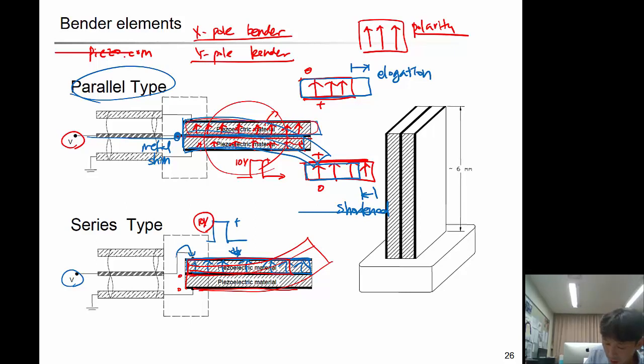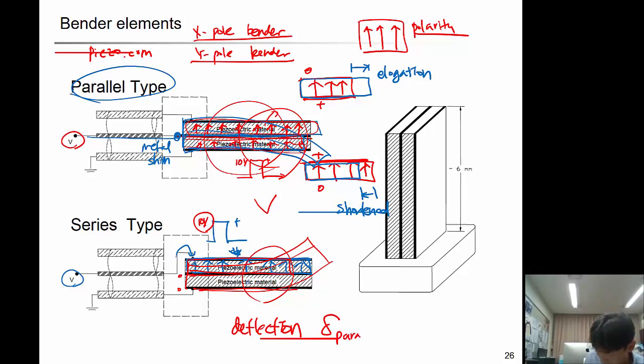In the parallel type, one material is elongated and the other material is shortened, so that your deflection is much bigger than here, right? So the deflection delta of parallel is bigger than the series.